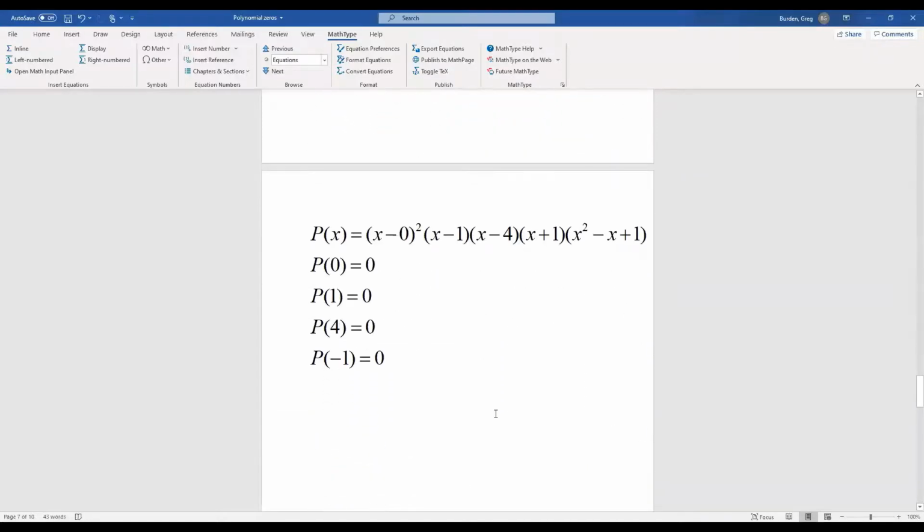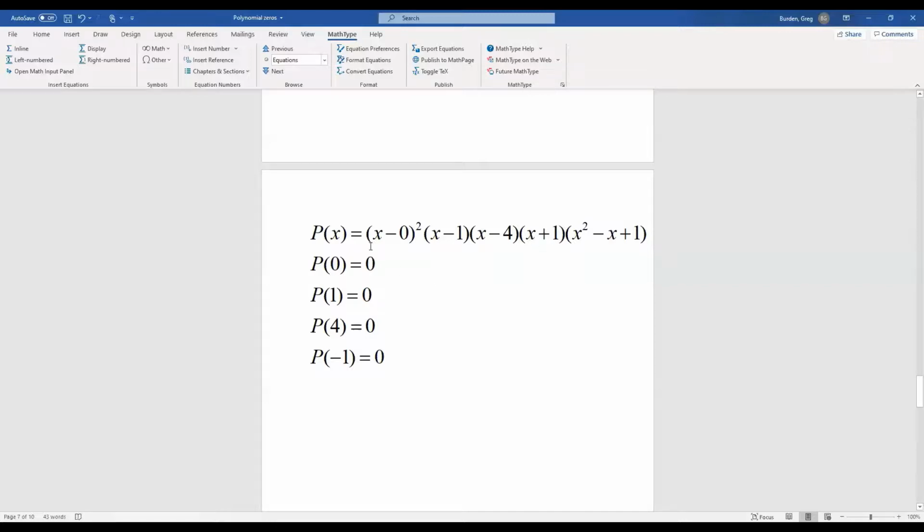And so I put all that together here. 0, 1, 4, and -1 are all zeros, so those are the 4 zeros we know about. And I also did another thing here. See, we've got x minus 1, and 1 is a 0. x minus 4, and 4 is a 0. x plus 1, which could be x minus -1, and -1 is a 0.